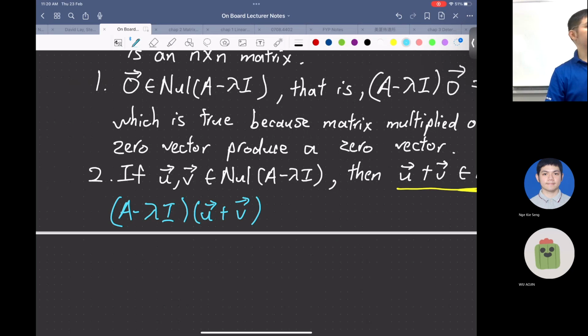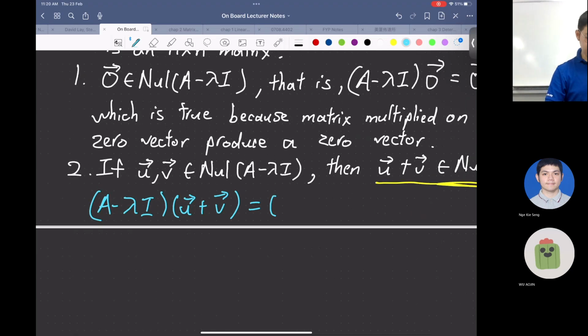Okay, right. So can you expand it out? This is equivalent to A minus lambda I times u plus A minus lambda I times v. And then what do you get?